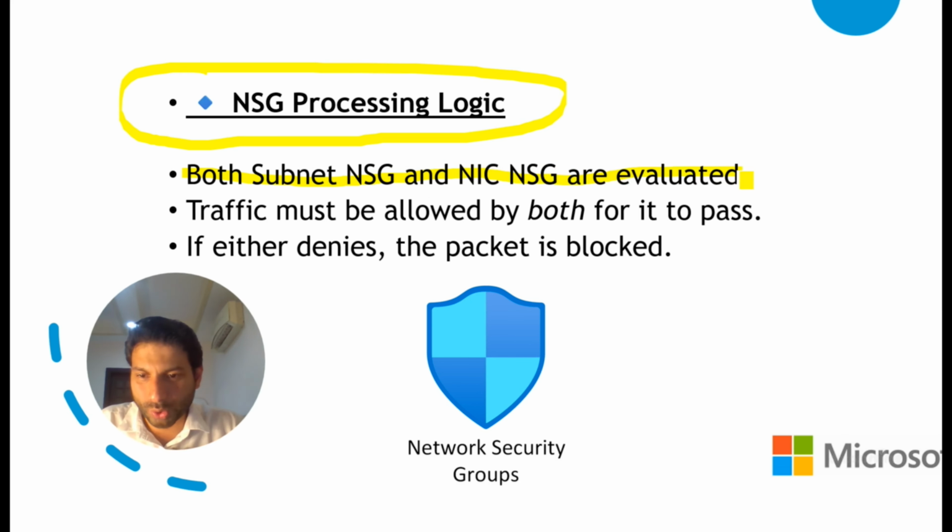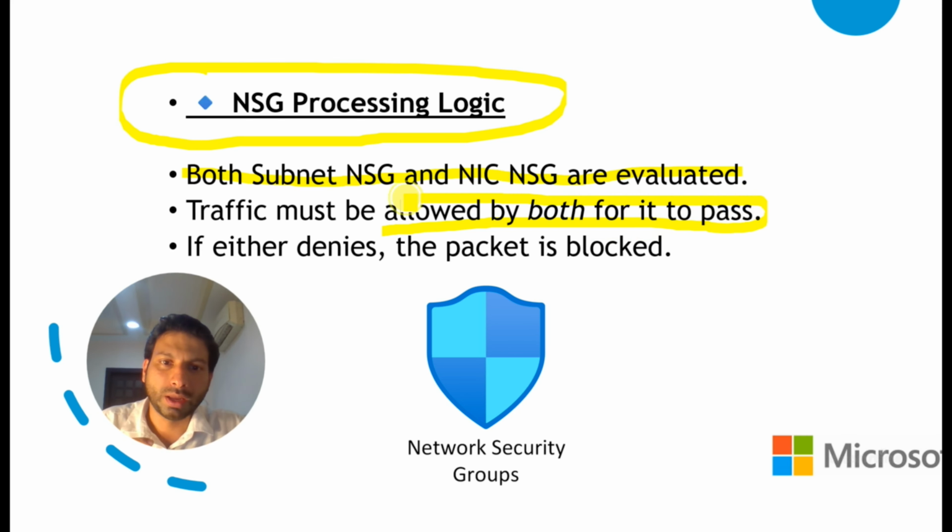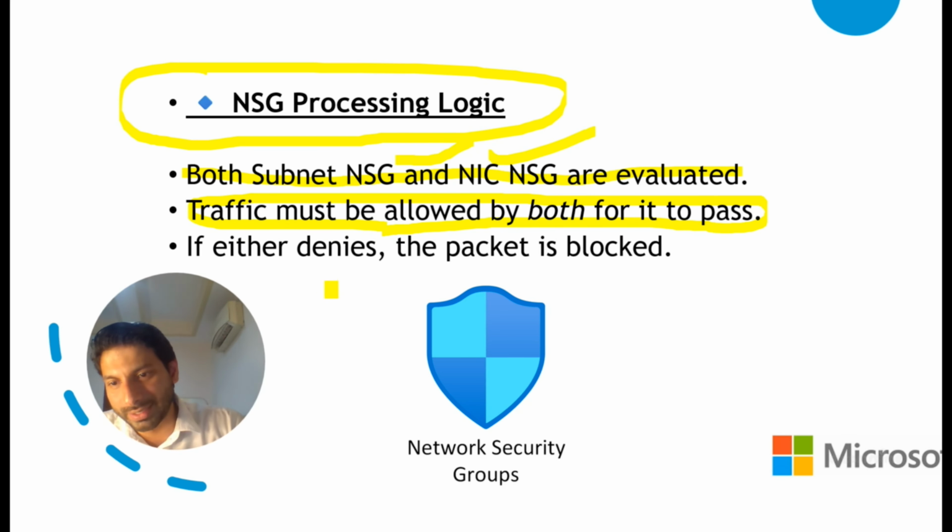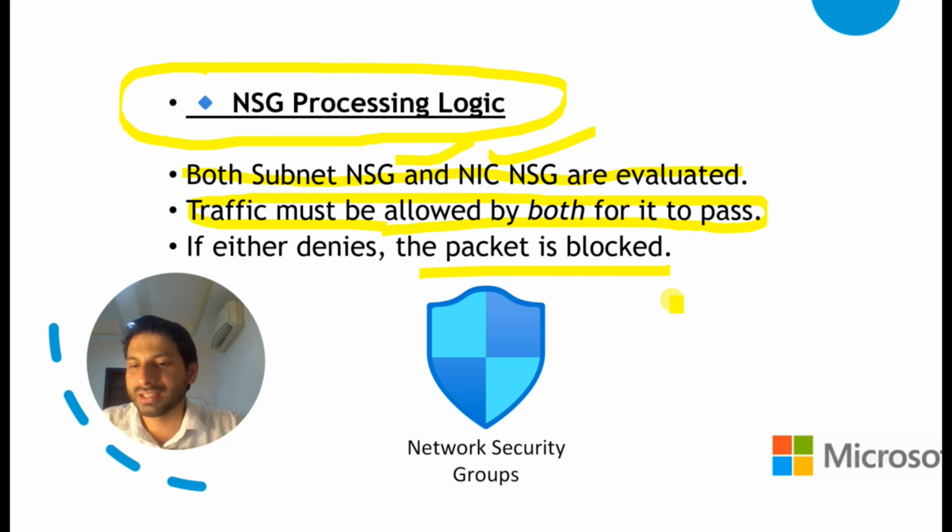When you have associated NSGs to the resource from the subnet and from the NIC, both are evaluated. Traffic must be allowed from both for it to pass. It should be allowed at the subnet NSG level and at the NIC level. If either denies, if any one of them denies, the packets are blocked. That's the reason why we were not able to RDP.